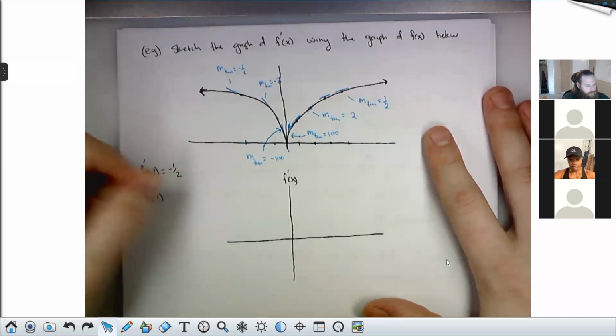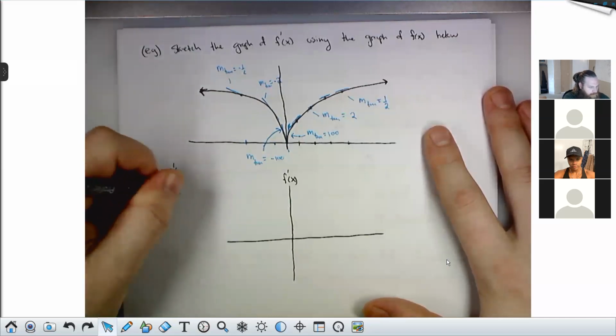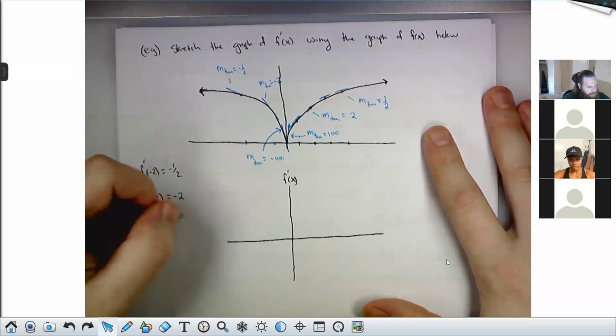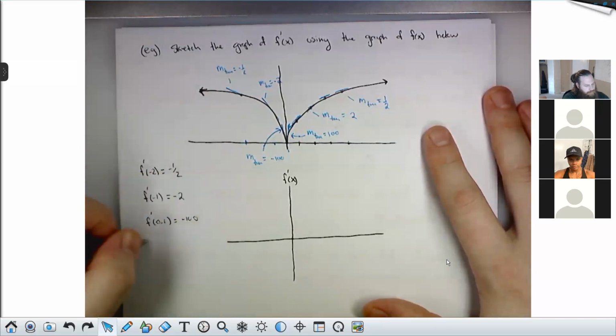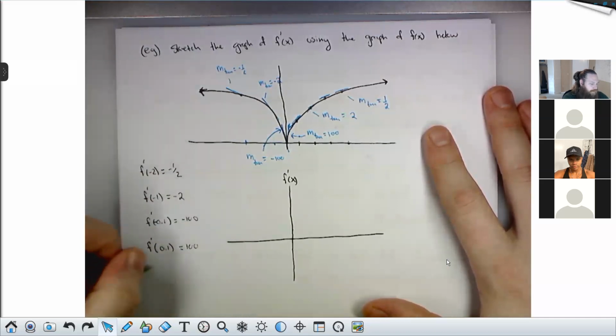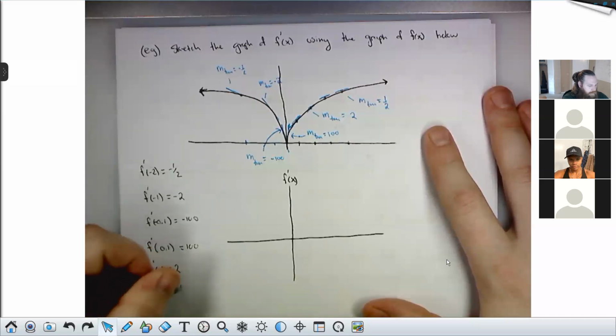F prime of -1, we said, is like -2. F prime of, we'll call it, -0.1, we said that's like -100. F prime of +0.1 is like +100. F prime of 1 is like 2, and F prime of 2 is like +1/2.